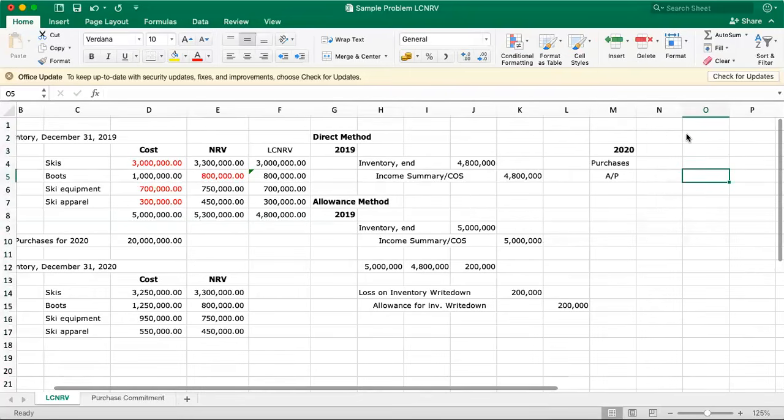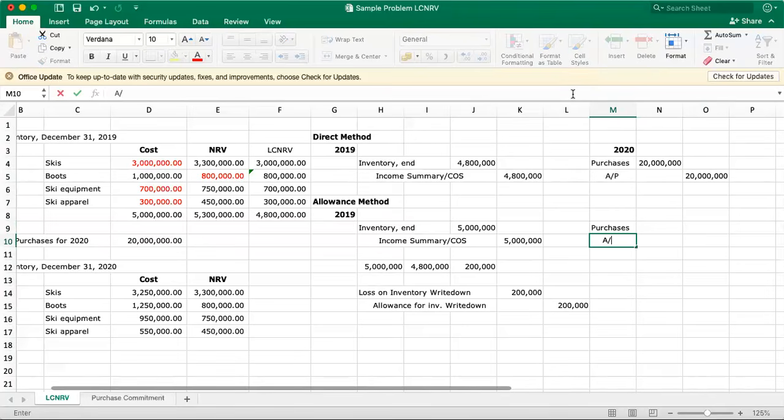The amount is 20 million. On 2020, under the direct write-off method, it is the same as under the allowance method. You have purchases and accounts payable of 20 million.